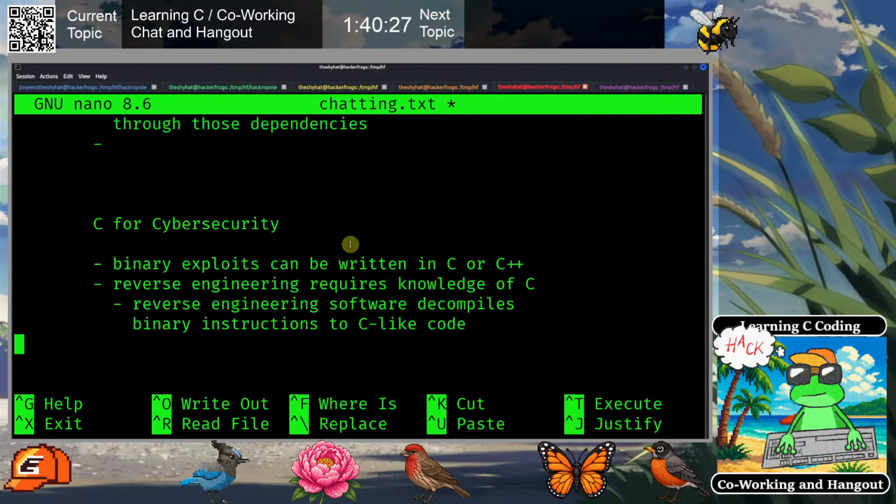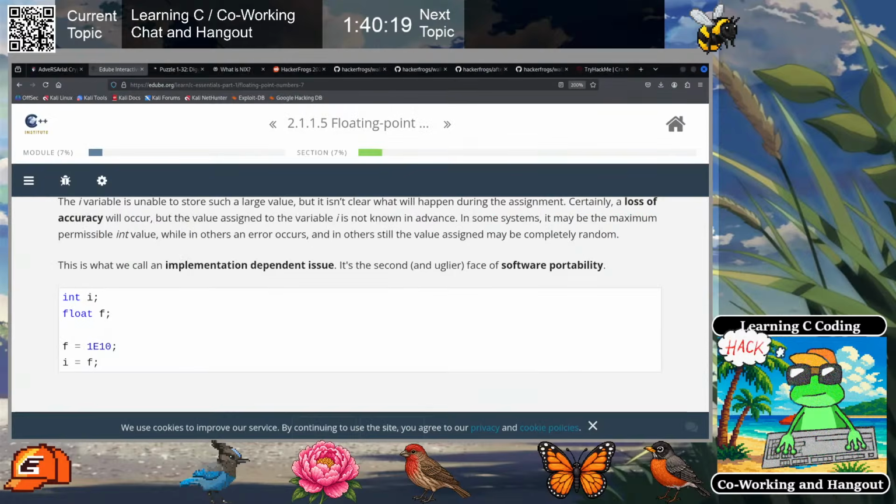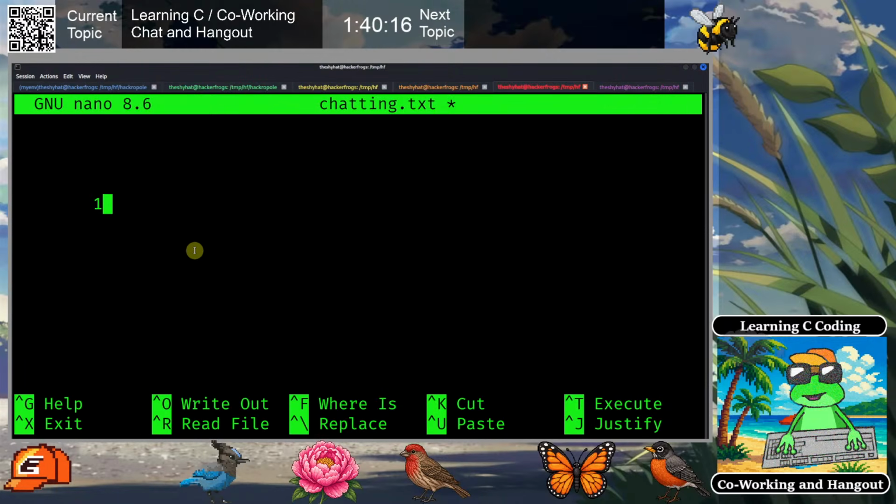So if we're to calculate this, I need to get better at counting. 1 times 10 to the power of 10. 1, 2, 3, 4, 5, 6, 7, 8, 9, 10.